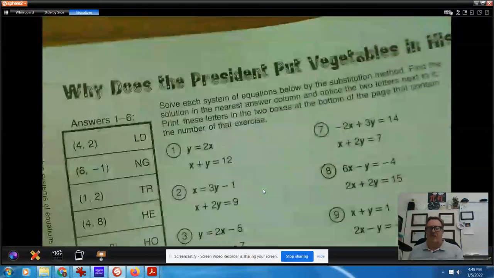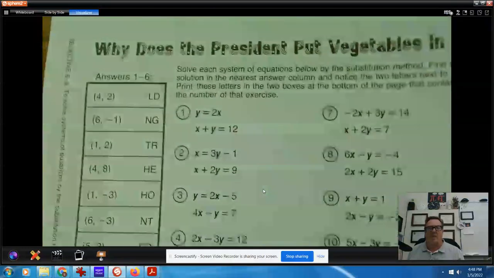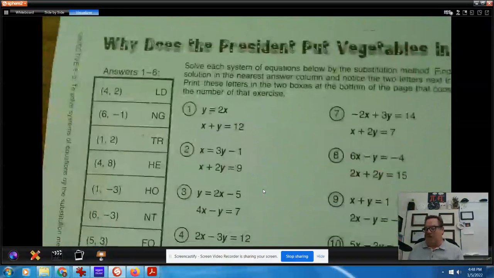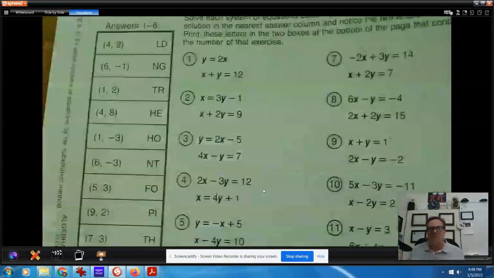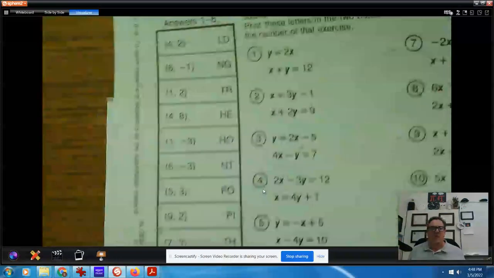Here's what you've got to do. You want to click the link on my planner so that you can get to this worksheet. You don't need to print it out. If you want to, you can if you have the ability. If you don't have the ability or don't want to, you don't need to. This just contains the problems that we're going to work as well as the answers.